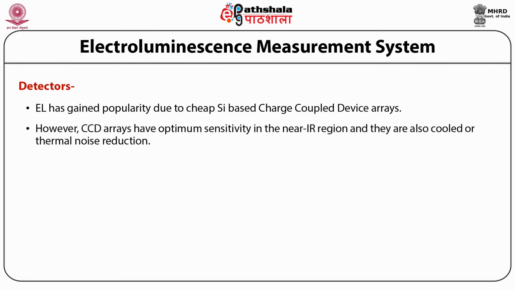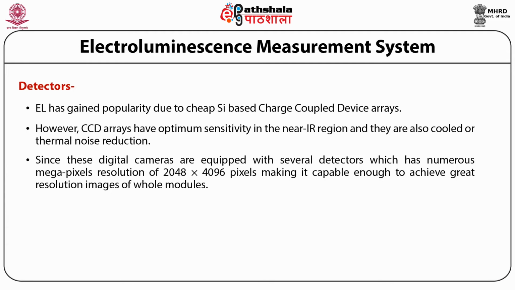However, CCD arrays have optimum sensitivity in the near IR region, and they are also cooled for thermal noise reduction. These digital cameras are equipped with detectors that have numerous megapixels, with a resolution of 2048 by 4096 pixels, making them capable of achieving great resolution images of whole modules.